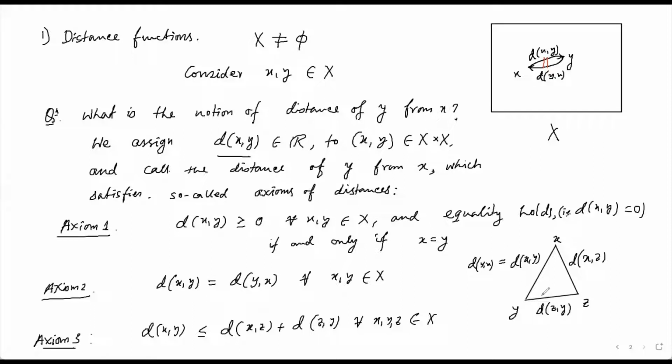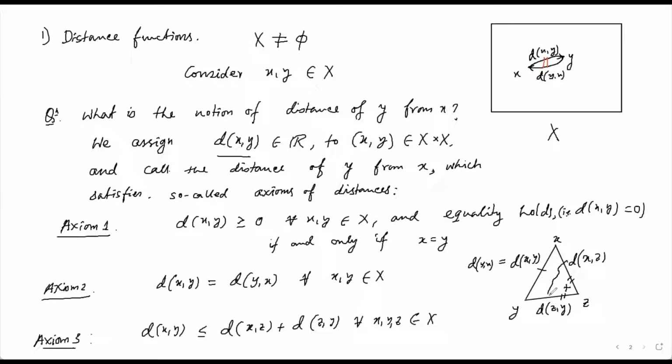Now in geometry, what we know is that the sum of the lengths of any two sides of a triangle is greater than or equal to the length of the third side. So in particular, the length of this side is less than or equal to the sum of the lengths of these two sides.